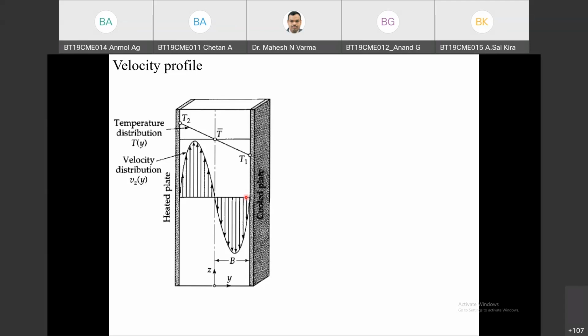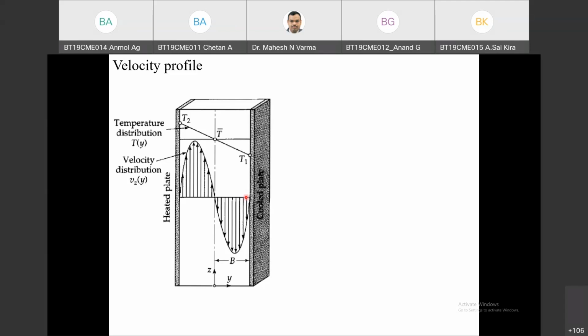Sir, because its width is very high, and hence we can neglect the variation. So the reason is end effects are neglected. Yes, you should add that the length is very large and we are neglecting end effects.